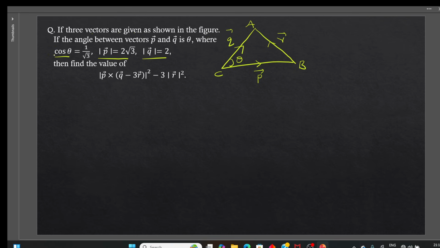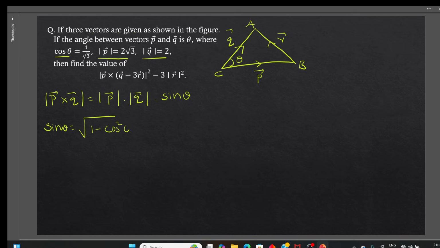Clear? So in the question, cos theta is equal to 1 by root 3, modulus of P vector is 2 root 3 and modulus of Q vector is 2. We know one basic property: modulus of P vector cross Q vector is equal to modulus of P vector times modulus of Q vector times sin theta. Given cos theta, we need to find sin theta. Using the identity, sin theta is the square root of 1 minus cos square theta.